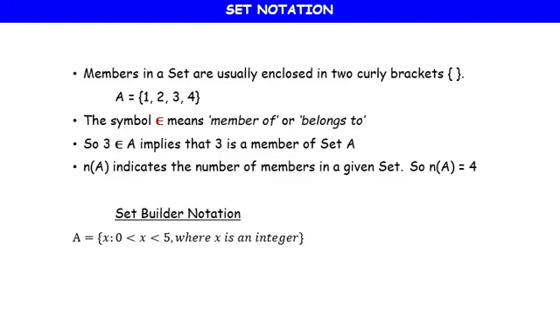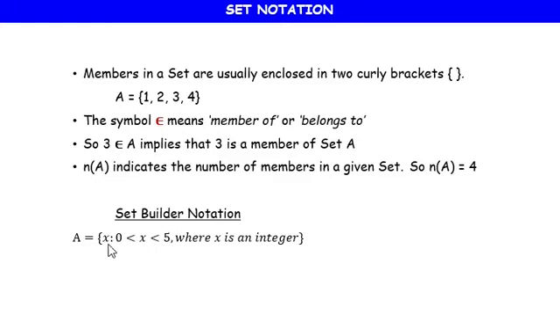Here it is x such that x is greater than 0 but less than 5, where x is an integer. The "such that" looks like a colon, but in the mathematical sense we don't call it a colon, we call it such that.